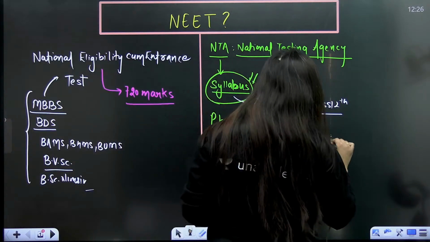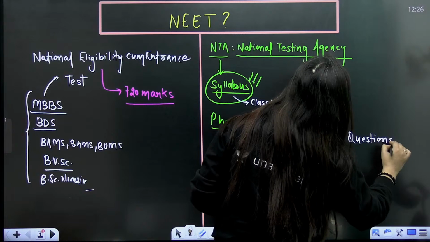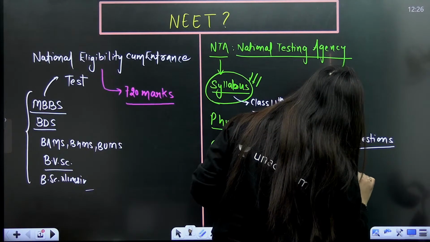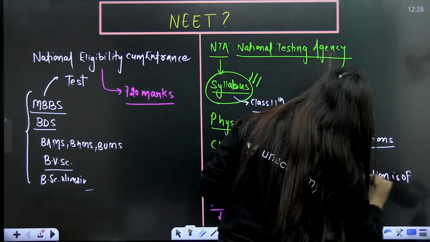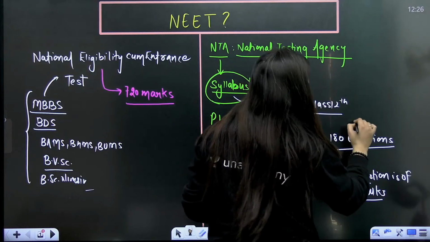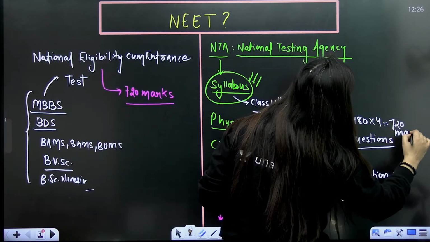So in totality, we have 180 questions, and each question is of 4 marks. So 180 into 4, that will be 720 marks here.